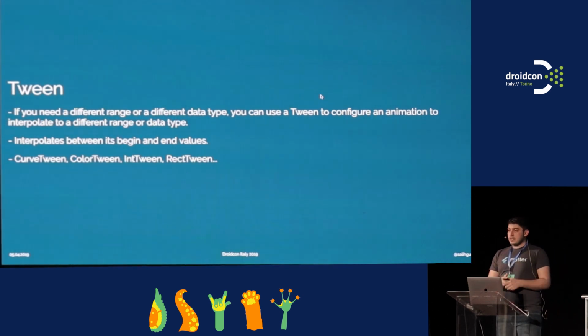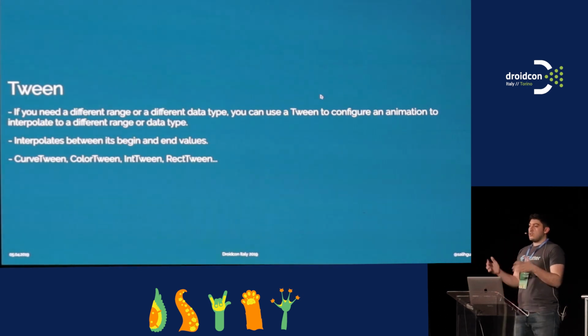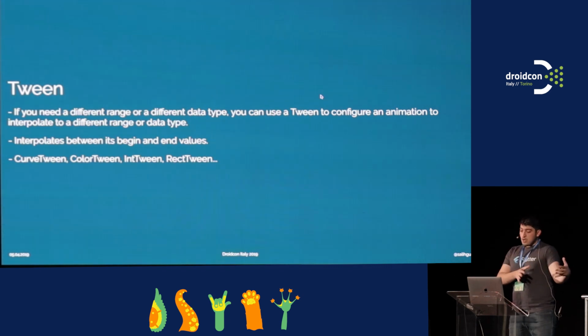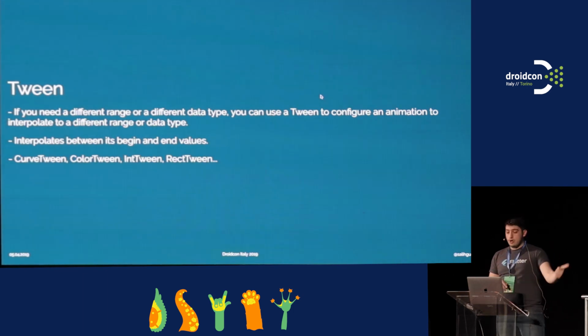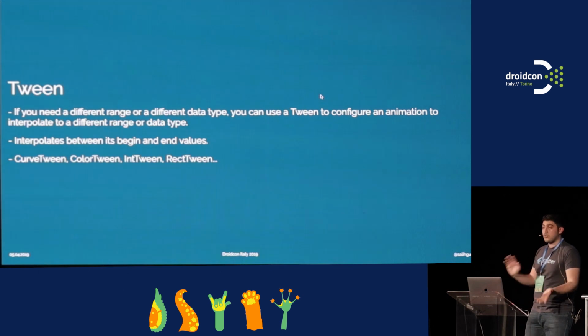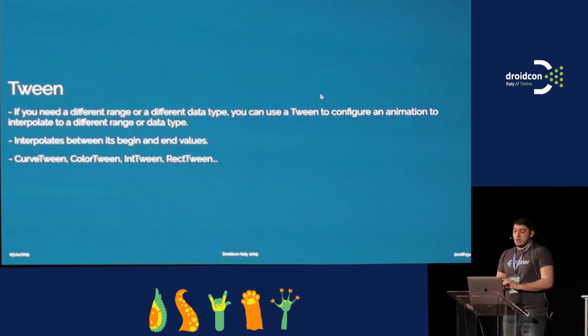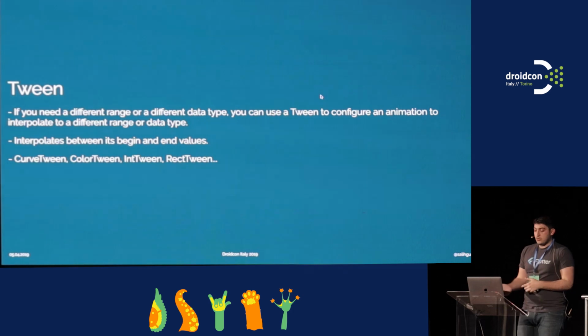But the good thing about tween is you can either create your own custom tween class to interpolate between two values, or you can use out-of-the-box tween classes that have been provided to you, like curve tween, color tween, int tween, rect tween, etc. So you can basically use these, give a beginning and an end value as the object types that you create, and you will be good to go.